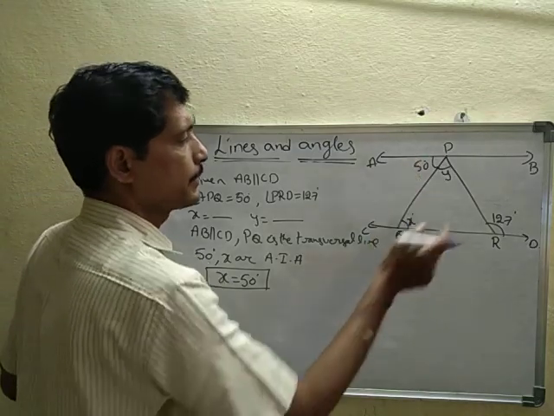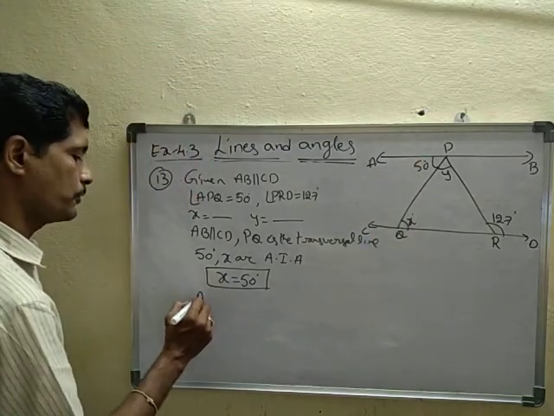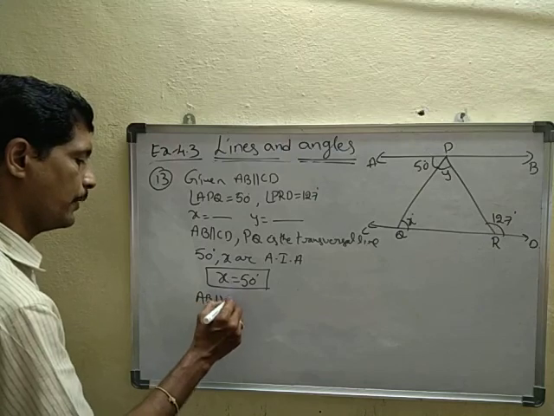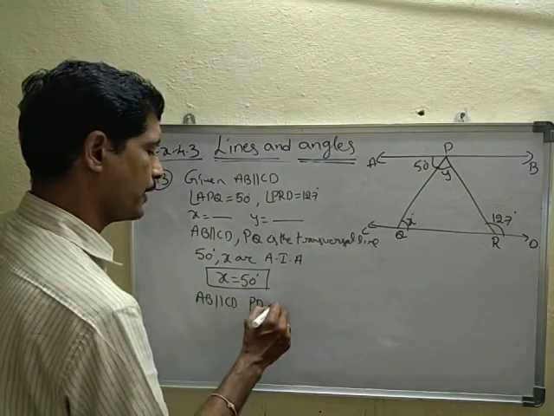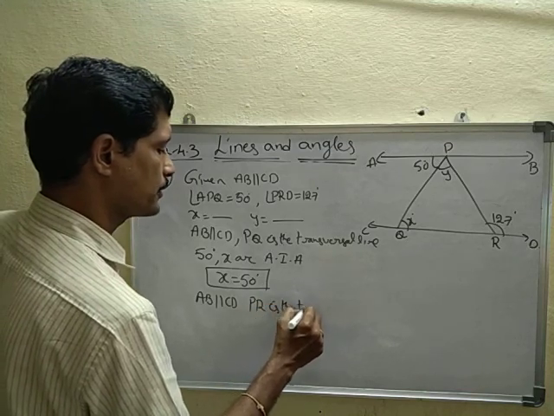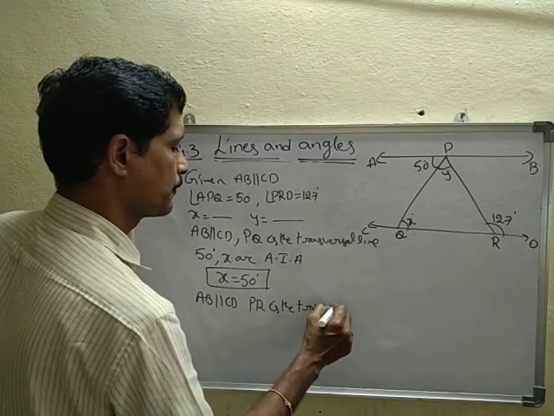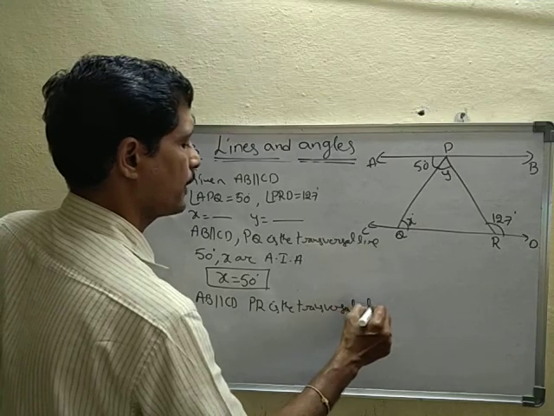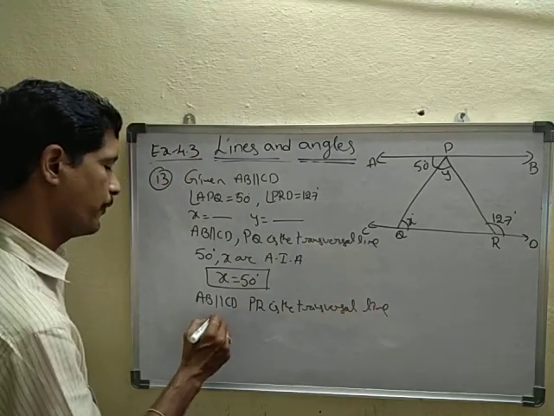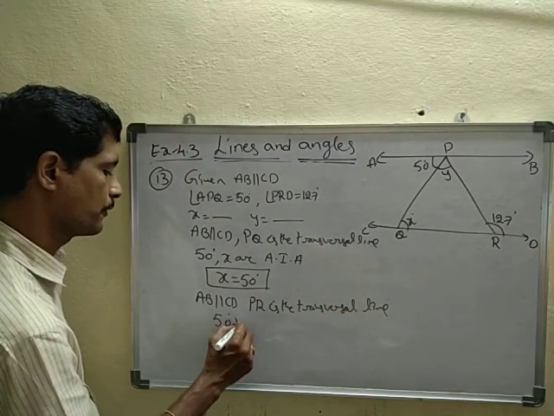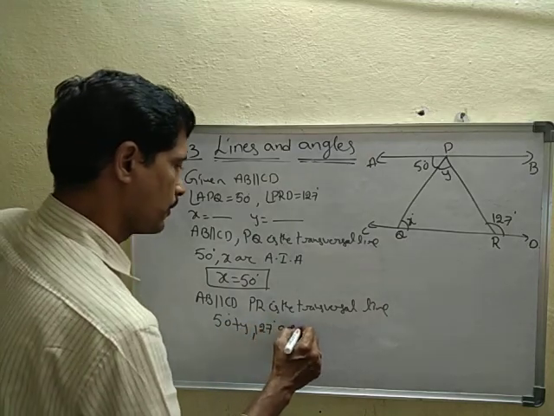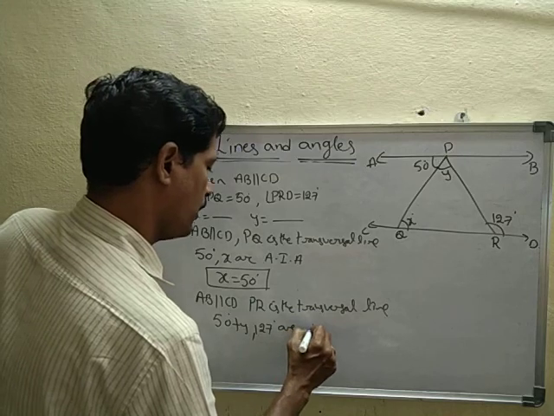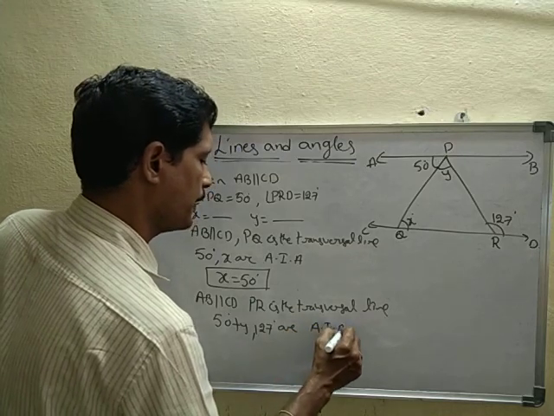Next, here AB parallel to CD means that PR is the transversal line. Therefore 50 plus y and 127 degrees are alternate interior angles.